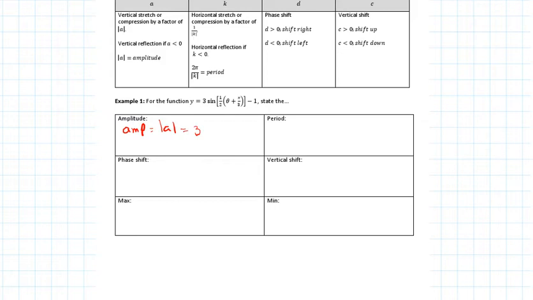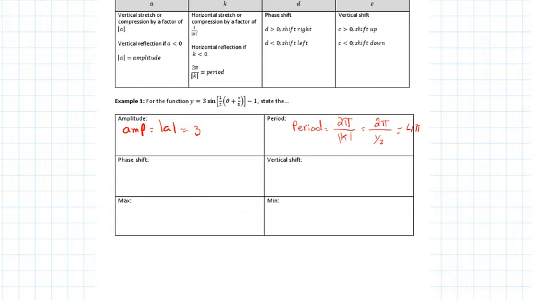To find the period, you're going to have to do 2 pi over k. So in this case, it's going to be 2 pi over a half, which is equal to 4 pi.